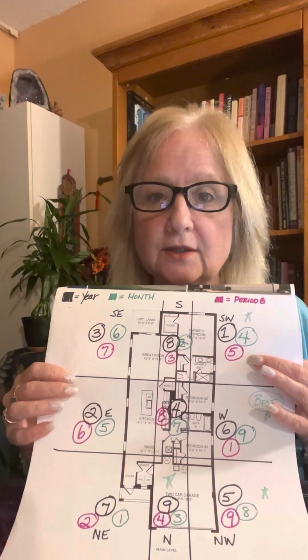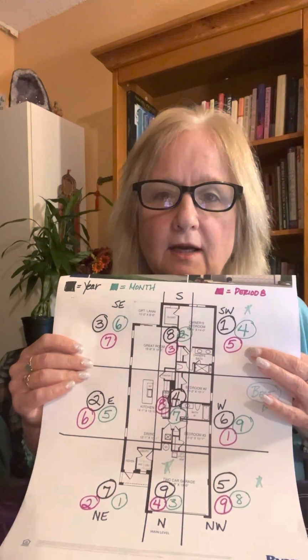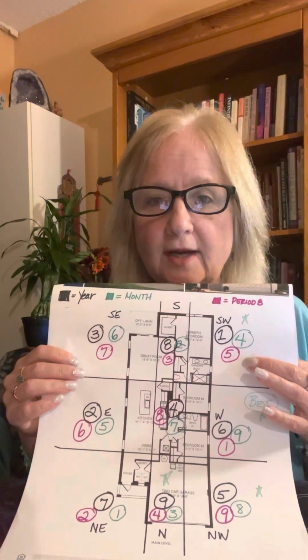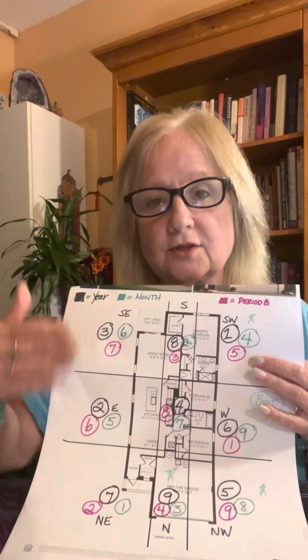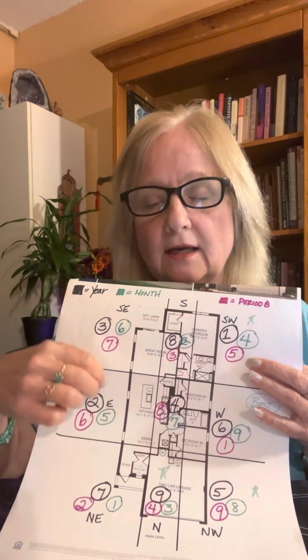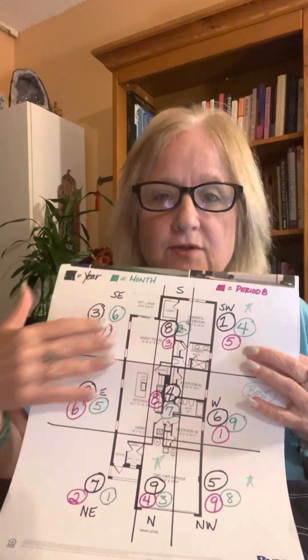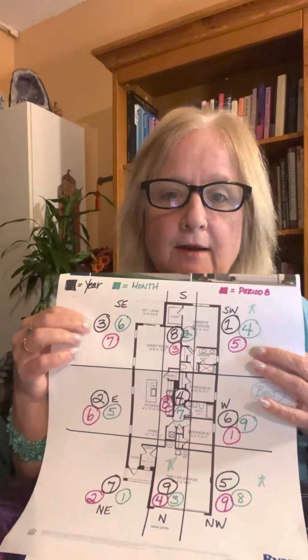Instead of just the year. So it just depends on your needs and what you're looking for. Do you want short-term Feng Shui, or do you want long-term Feng Shui? So if we're looking at long-term Feng Shui, then let's look out the next 20 years for period 9 and make those proper adjustments.